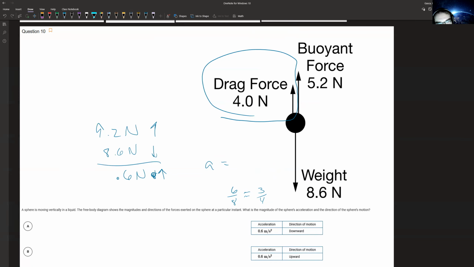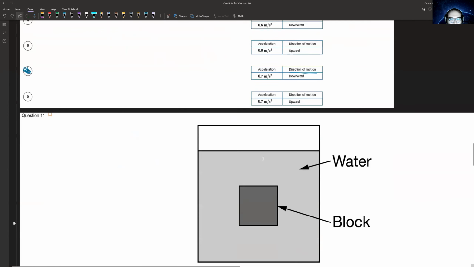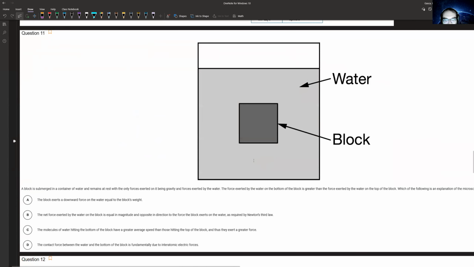So the math is still correct. This is still 0.6 newtons over about 0.86 kilograms, which is approximately 0.7-ish. So I still agree with my magnitude there. If I made a mistake on the calculation, let me know. And yeah, dang, dude. Why am I teaching this class? Making all these silly mistakes.